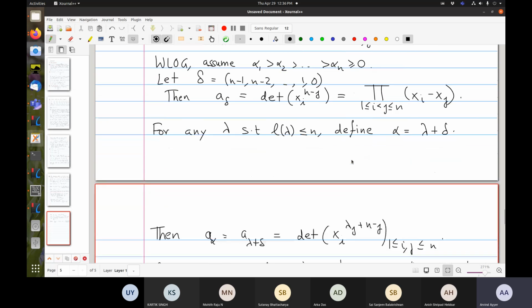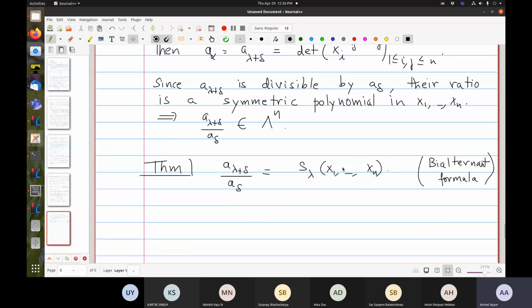Okay, so any questions about this? So I've taken a lot of time on the Schur functions, but I guess these are important objects, so it's good to know about them.